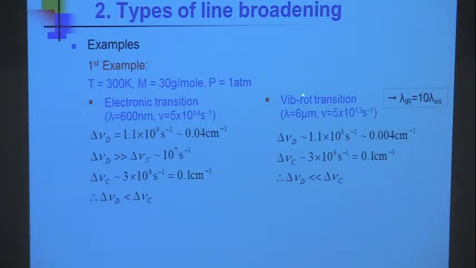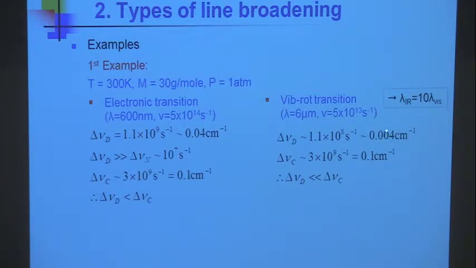Now go to a rovibrational transition with 6 microns instead of 600 nanometers. If I increase lambda by 10, the frequency is 5 times 10 to the 13th. I now find the Doppler width has gone down, because the frequency has gone down.